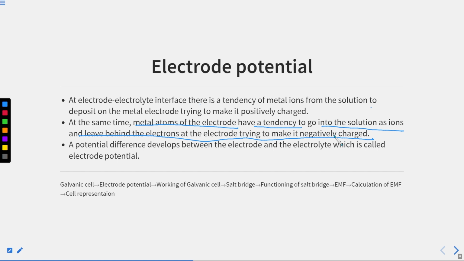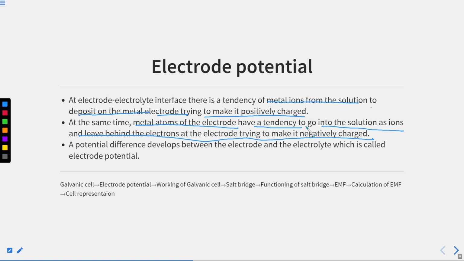So there is also a tendency, or a potential, to do so, but there is no potential difference. So this process will not occur until we connect it with a wire. So we just have one isolated compartment with one electrode dipped in the solution. And the second tendency I have mentioned is that the metal ions from the solution will try to deposit on the metal electrode, trying to make it positively charged. Okay, so it will try to make it positively charged.